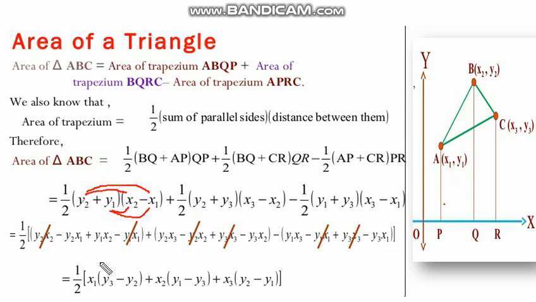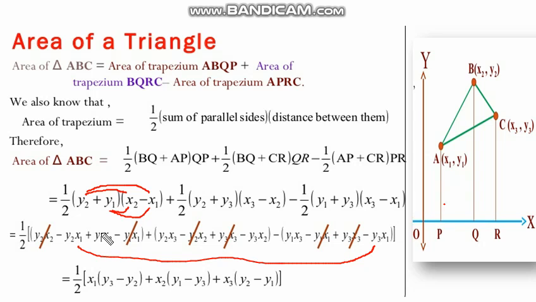Then remaining we get minus y2 x1 plus y1 x2 plus y2 x3 minus y3 x2 minus y1 x3 plus y3 x1. Now compare minus y2 x1 and y3 x1. Here x1 is common, so take it outside, remaining y3 minus y2.